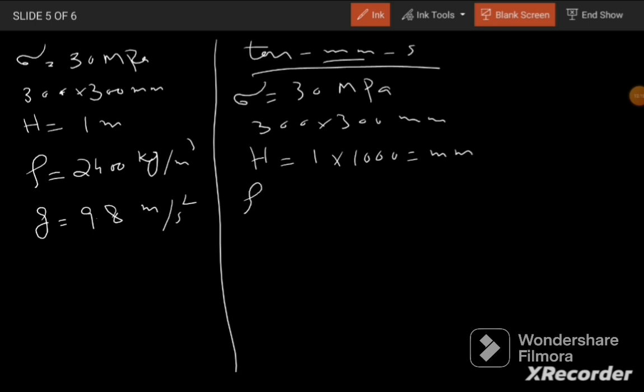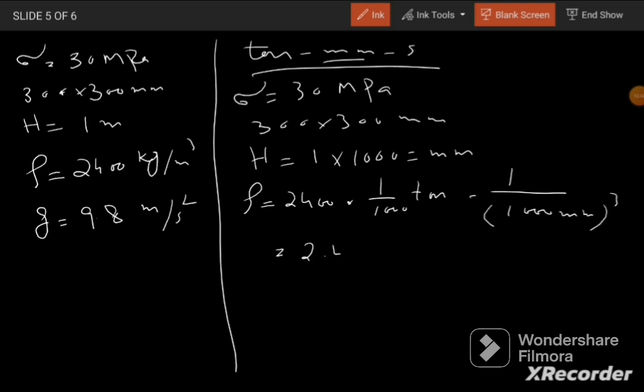And for density, which is equal to 2400 kilogram per meter cube, we need to convert it into ton per millimeter cube. So this 2400, and for kilogram it is equal to 1 over 1000 ton, and for meter it is equal to 1000 millimeter cube.